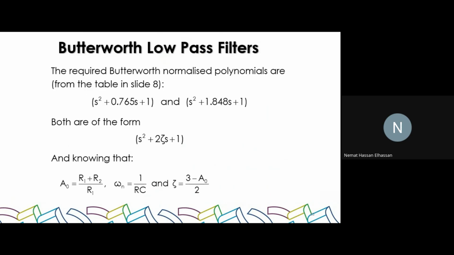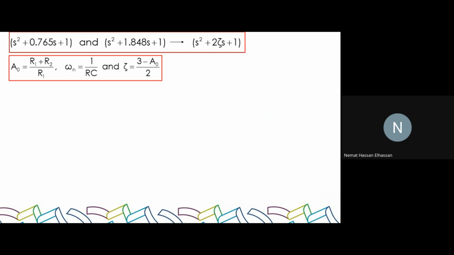Okay, so this is what we'll have. I'm going to start with the first stage, and compare it to the denominator of a standard second order Butterworth filter. If you compare this to this, what do you find?